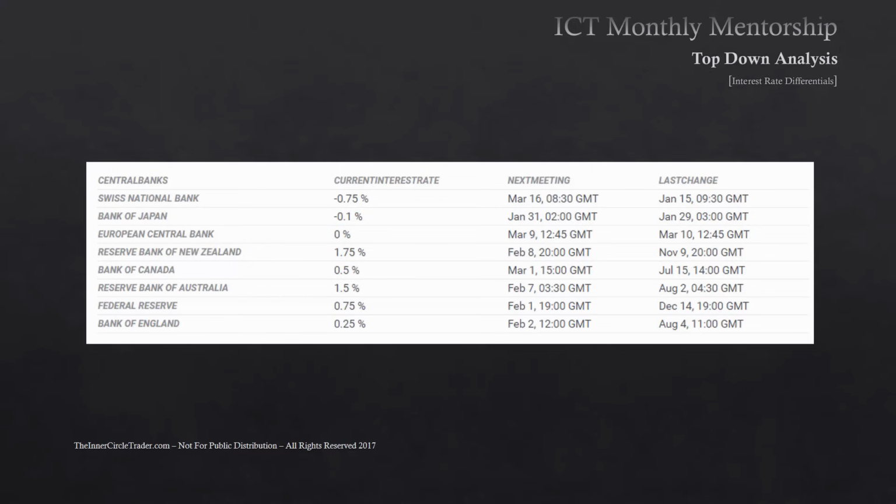So if we were to take a look at these countries, we could build a model on a higher time frame basis for long-term macro trades, which have the most opportunity to move based on a fundamental establishment of interest rates being utilized for the selection process.